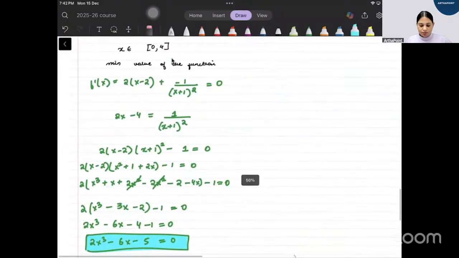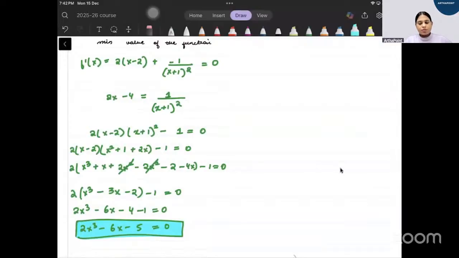Okay. Whatever answer you're getting, if it's root 2, then root 2, because I haven't solved it further.